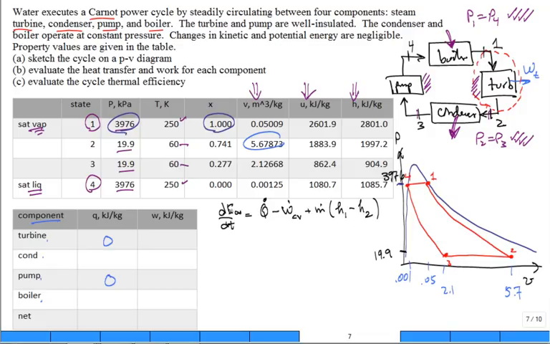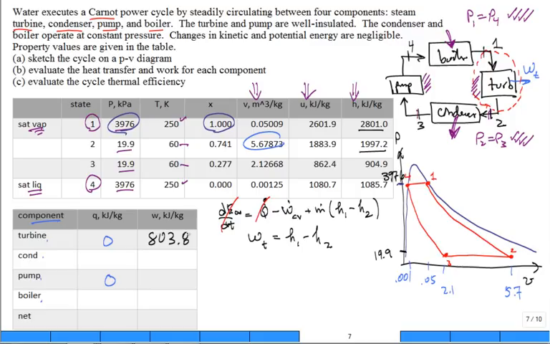So it's operating steady state. I divide everything by the mass flow rate. It's also well insulated. So I get lowercase w out of the control volume for the turbine is equal to h1 minus h2. It comes in with high enthalpy, it goes out with low enthalpy. The enthalpy difference equals the work per unit mass out. I look in the table, 2801 minus 1997.2 gives me 803.8 kilojoules per kilogram work positive out.